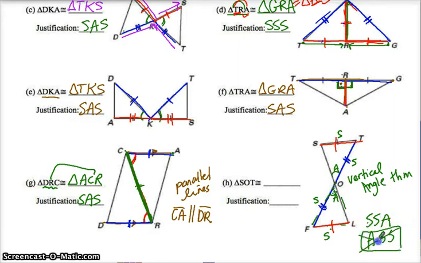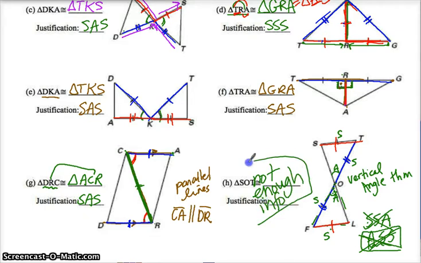Notice this naughty word being spelled out. If you spell out the naughty word going around. Okay, so you can't ever write the word ass on your paper. We would never accept this. That is inappropriate. So therefore, that's not a justification. So this does not have enough information. We cannot prove two triangles are congruent here.